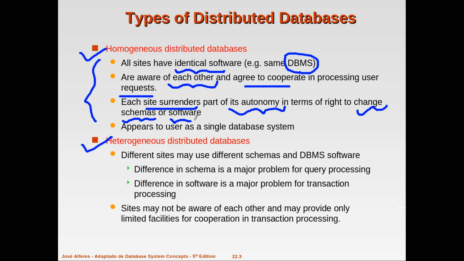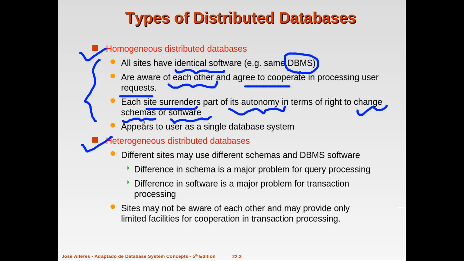But in the homogeneous system, if we change the software of one distributed site, the same must be there in other sites also. So this is another feature of homogeneous distributed databases.